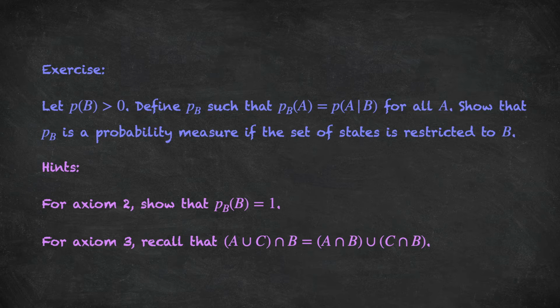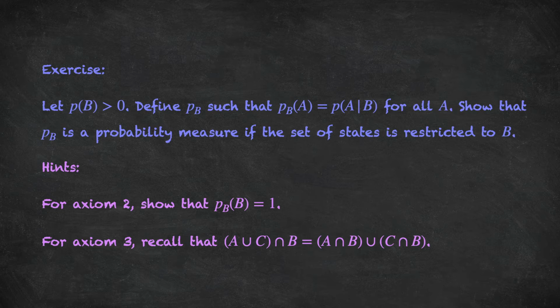Let the probability of some event B be strictly greater than 0, so we can define a conditional probability for any event A given B. Now let's define a function P subscript B. This function is defined so that for all events A, P subscript B of A is equal to the conditional probability of A given B. The exercise now is to show that this function P subscript B is indeed a probability measure if we restrict the set of states to be just B.